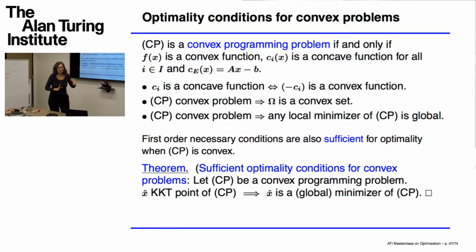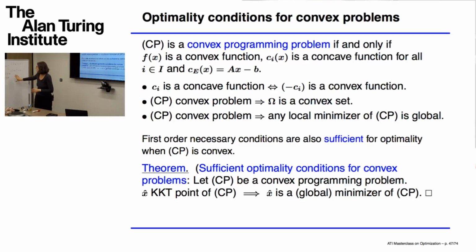Now, these first order conditions, if the problem is convex, there's no distinction between local and global minimizer, and then you characterize optimality to first order with these KKT points. What do we mean by a convex constrained problem? We mean that the objective is convex, but also the feasible set.